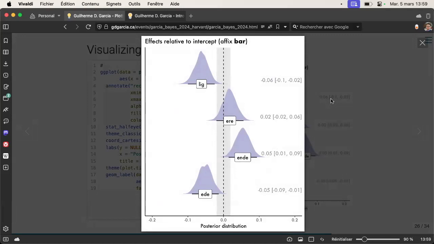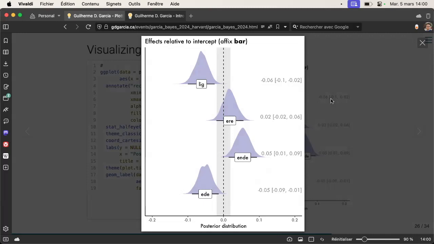The dotted line represents 0, which is useful to visually see where in the distribution 0 is. In a traditional frequentist model, you would say, okay, if the line crosses the interval, then the p-value is above 5, which means it's not significant.